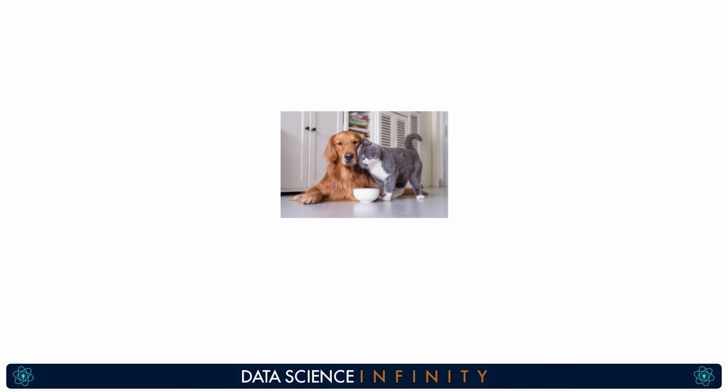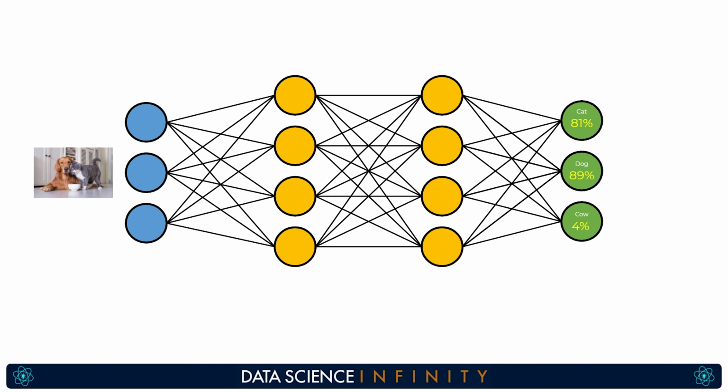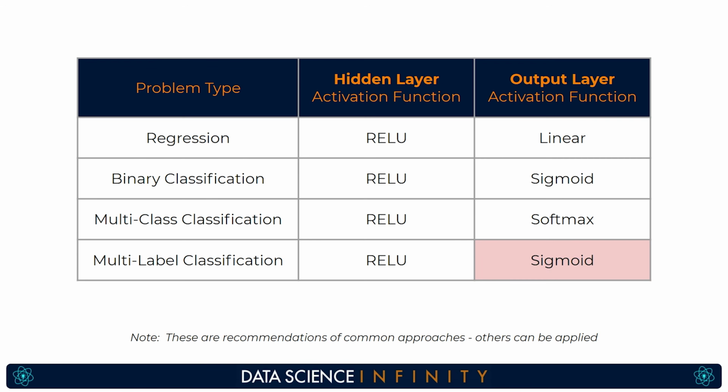And we can actually do this, but we just want our output neurons to have final values that tell us the probability that each animal exists in the image. And in this case, we wouldn't want all of those output values to add up to 1. So we wouldn't use softmax. We would instead use sigmoid, where it would give each output neuron its own independent probability between 0 and 1. So I just thought I'd mention that in case you ever do want to solve a problem like that.